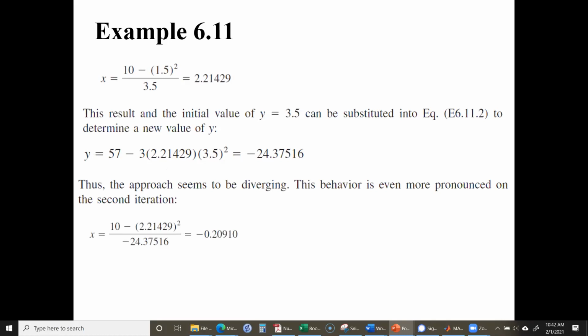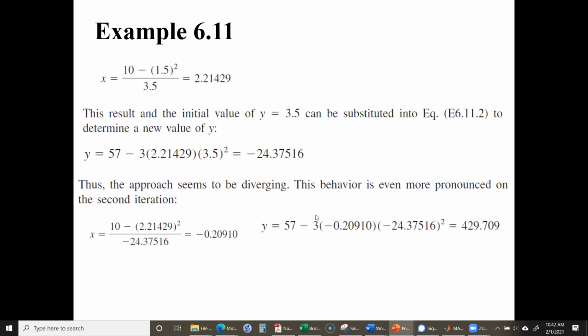If we take one more iteration, the value of x will be minus 2.209, and the value of y will be even worse, 4.429. So you can see that the solution is diverging. It means that we cannot continue like this. So we have to do some other way.